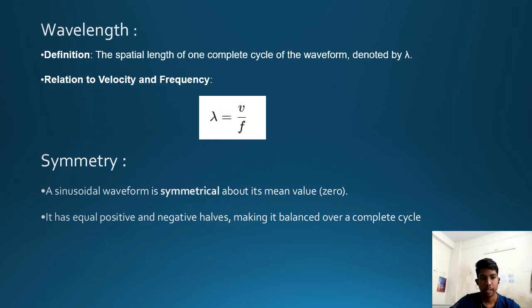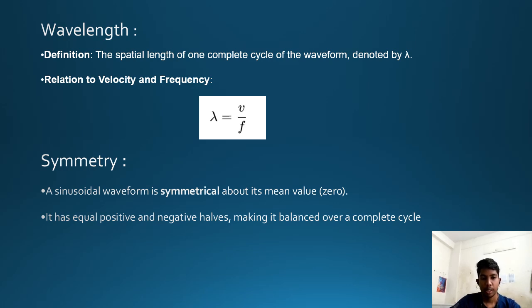And wavelength. The wavelength is defined as the distance between two consecutive points in phase. Example, peak to peak or trough to trough. The wavelength is measured in meters and is denoted by lambda, given by lambda is equal to nu by f, where nu is the speed of light in vacuum and f is the frequency.